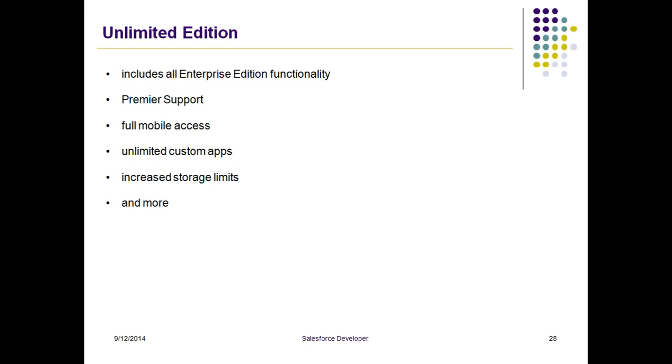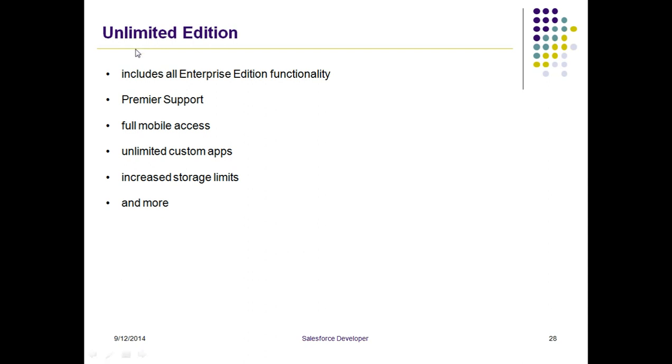Then comes the Unlimited edition, or the Performance edition, what you see there. That includes all Enterprise edition functionality, premier support, full mobile access, unlimited custom apps, increased storage limit and more. Functionality-wise, the Enterprise edition and the Performance edition are the same.